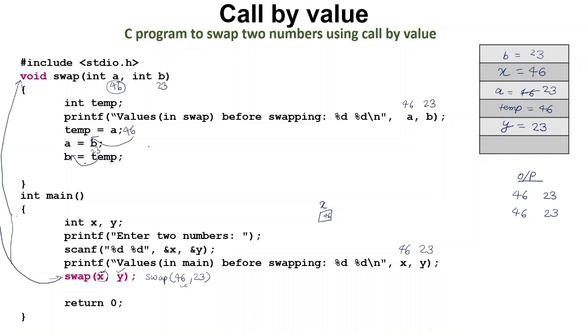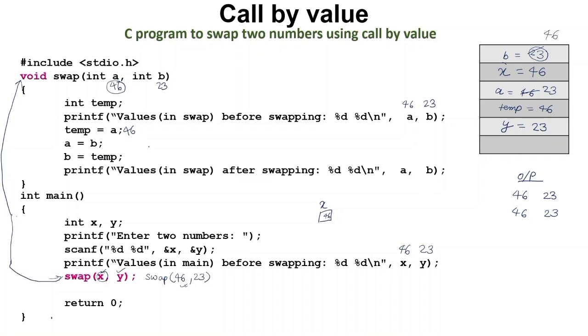Next is B is equal to temp. Temp is 46, so 46 is being assigned to B. So now the B value 23 becomes 46.